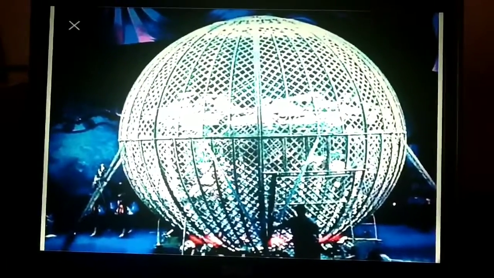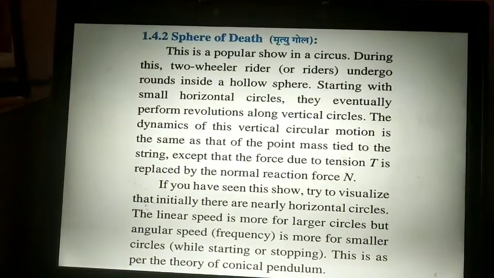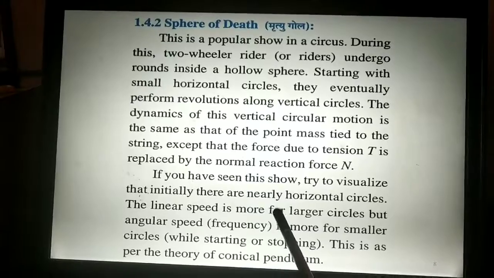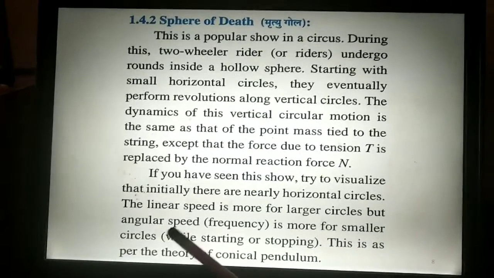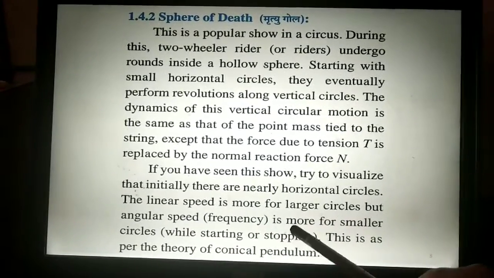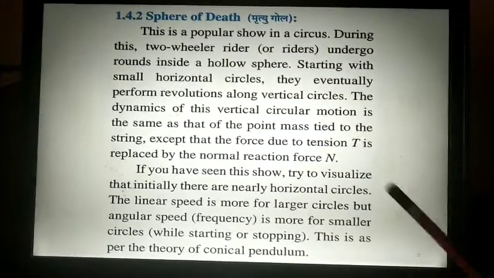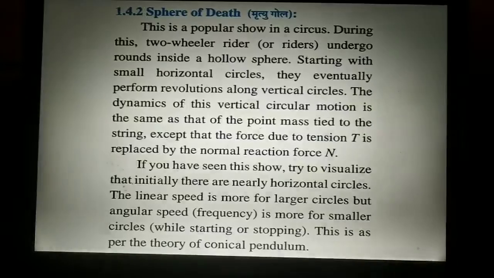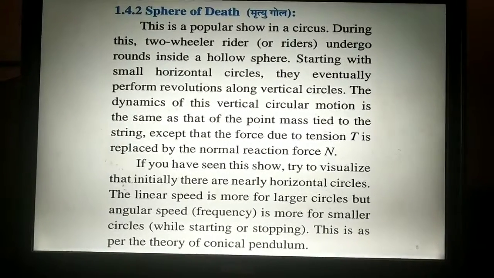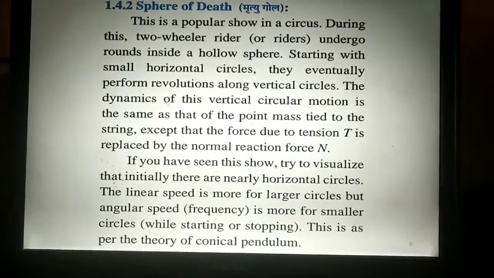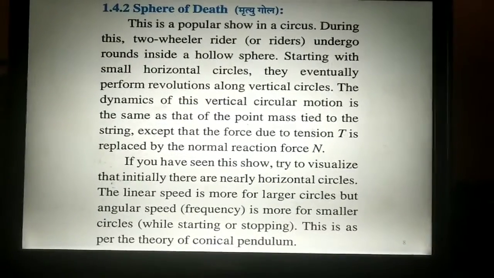Here one sentence is given to you, and this sentence is important. Linear speed is more for a large circle, but angular speed is more for a smaller circle. As the horizontal circle is larger, the speed required will be larger if he wants to stay in that circular motion.